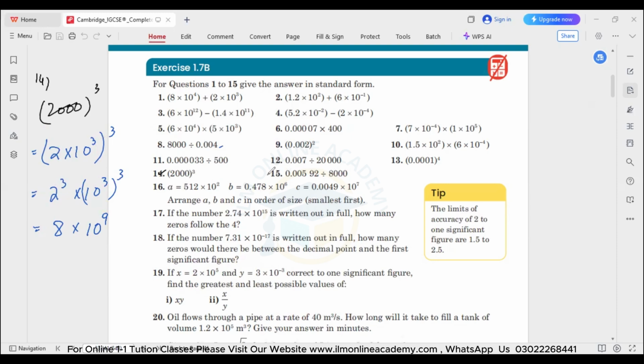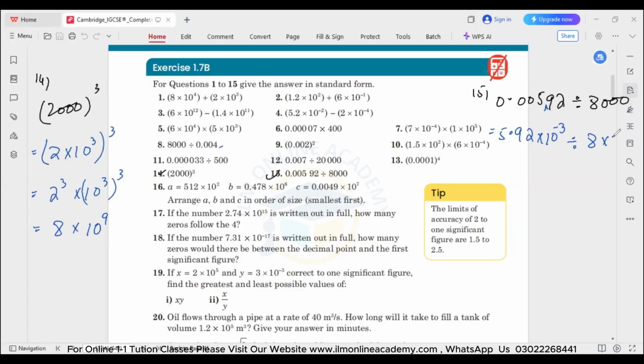Okay, the next, 15th part, we have 0.00592 divided by 8,000. Okay. So if I convert this into standard form, after applying the decimal point after the first significant number, the number will be 5.92 times 10 raised to the power negative 3, because the number is basically a really small number.